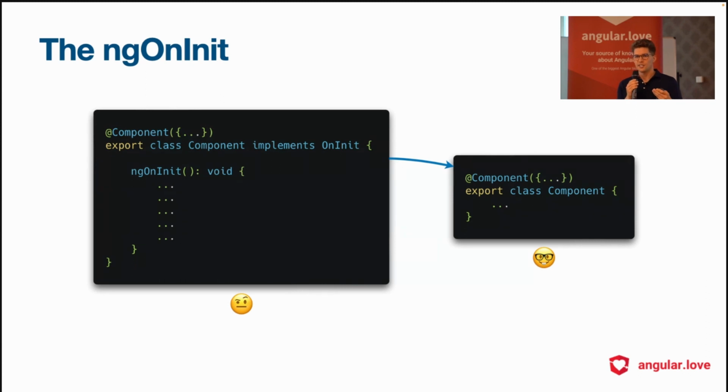And basically, I don't think this is our fault. I think we just tend to do this because ngOnInit was enabled by default when we were generating components in Angular for so long. Up until version 15 of Angular, the ngOnInit block was part of the automatic generation of the component when we were generating it from the CLI.